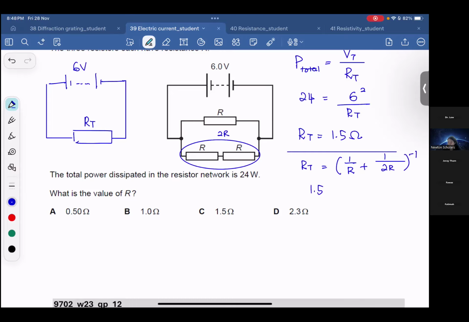So 1.5 equals the inverse of 1 over R plus 1 over 2R. 1 over R times 2 over 2 plus 1 over 2R, so it will be 3 over 2R. Inverse it. So 1.5 will equal 2R over 3. So your R should be 2.3 ohm.